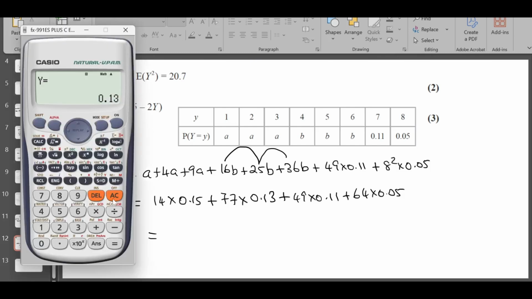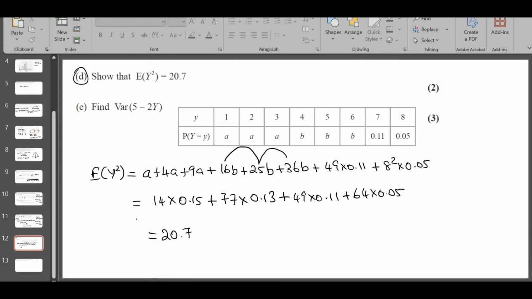Let's calculate this. 14 times 0.15, 77 times 0.13, 49 times 0.11, 64 times 0.05. You should get the answer, 20.7. The good thing about this question, the answer is given here.